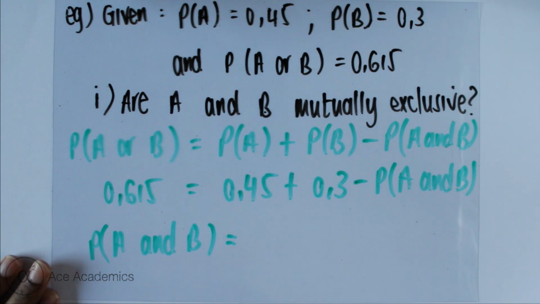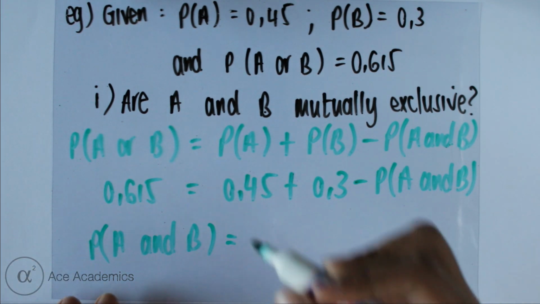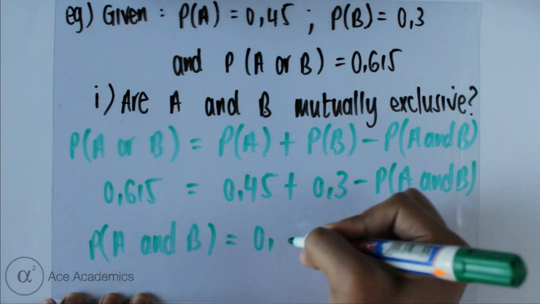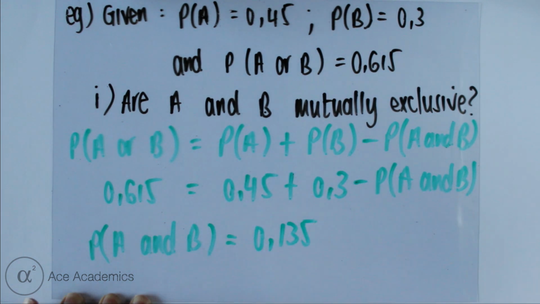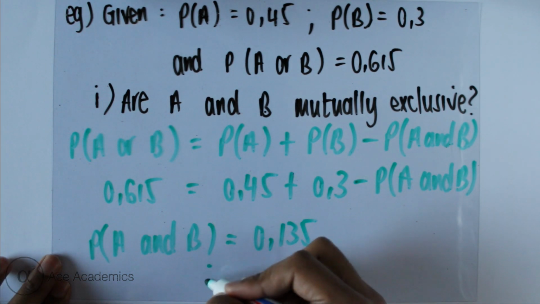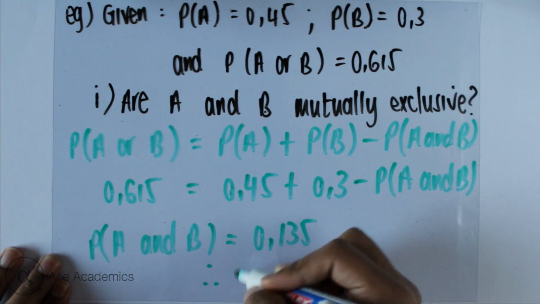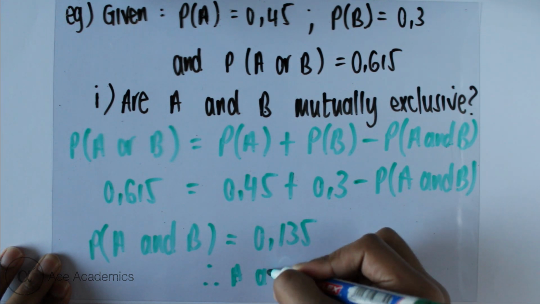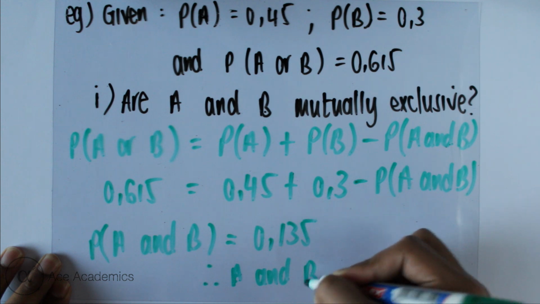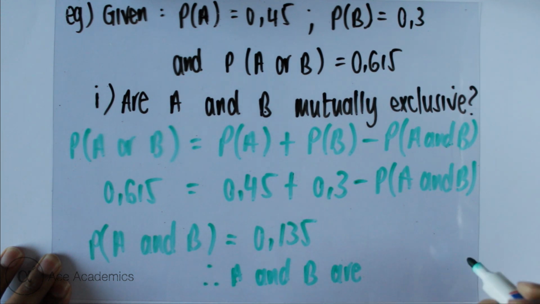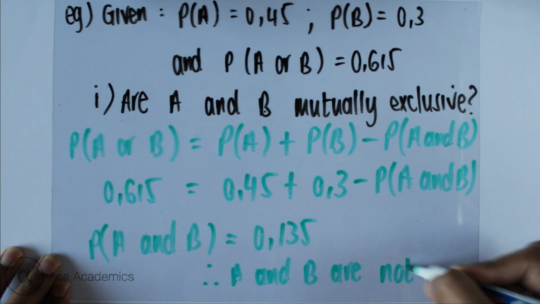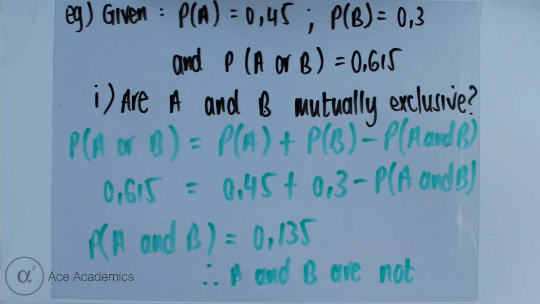And by solving the above equation, we simply get that the probability of A and B is equal to 0.135. And since it's not equal to 0, we can say, therefore, A and B are not mutually exclusive.